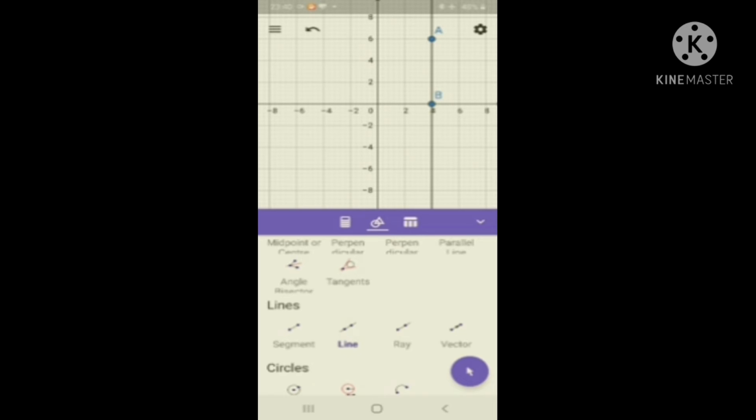So the distance of this perpendicular line from the origin is 4 units. You can see the distance of B from the origin O is 4 units, means the abscissa of the point A is 4. Again, we'll draw a line perpendicular on the Y axis from A. So AC is perpendicular on the Y axis.